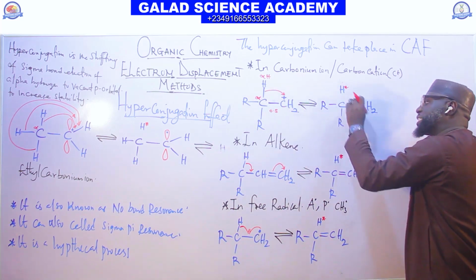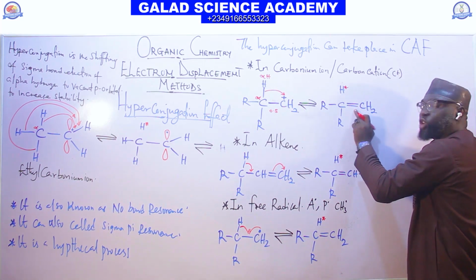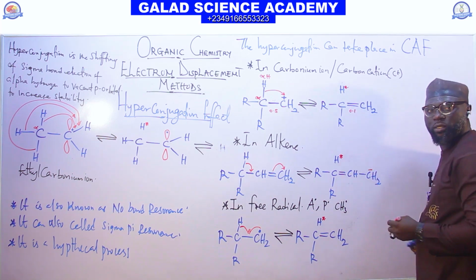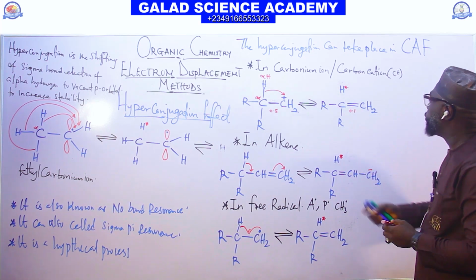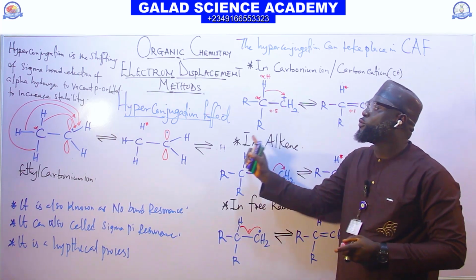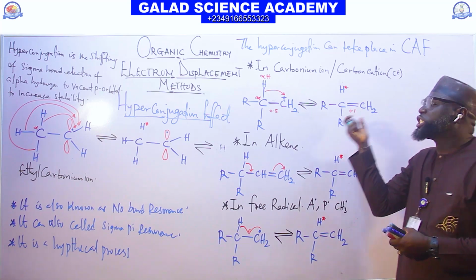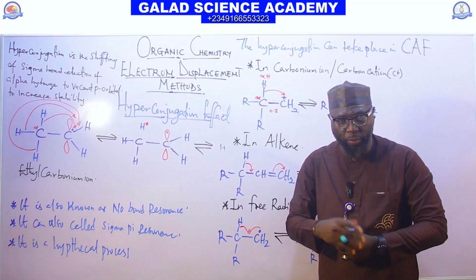When this comes to this side, you see this double bond, the distance reduces to 0.1. So the first application of hyperconjugation is the shortening of the bond.